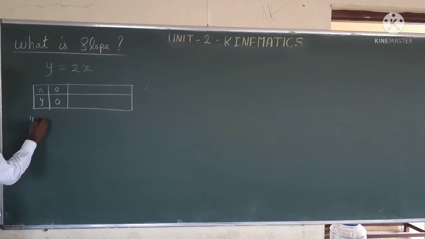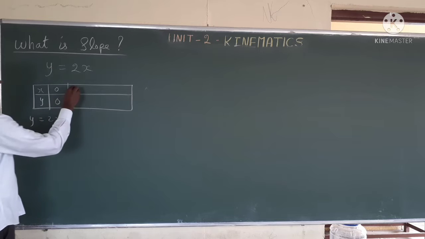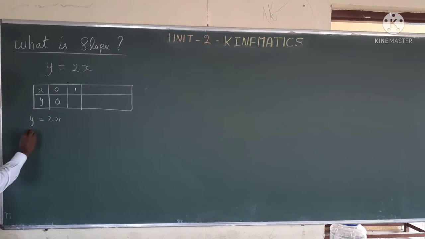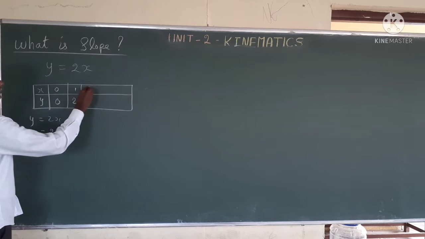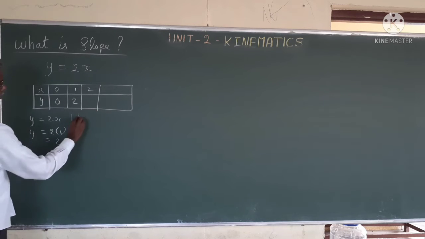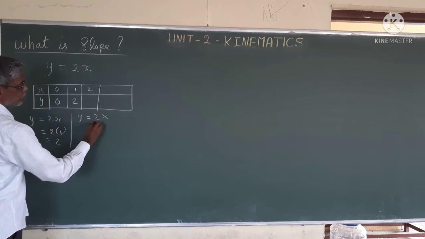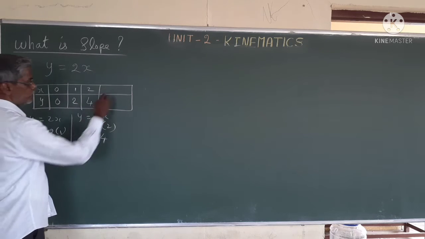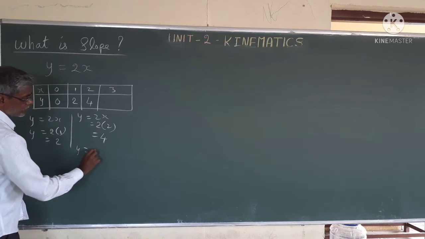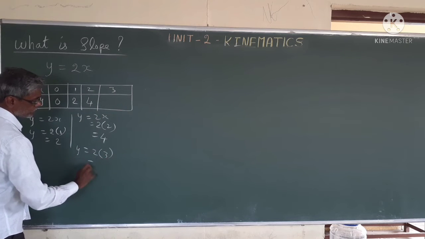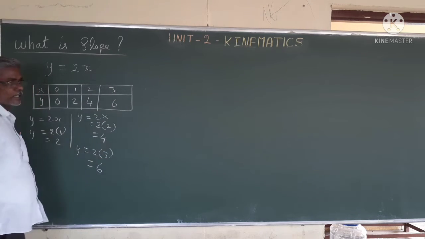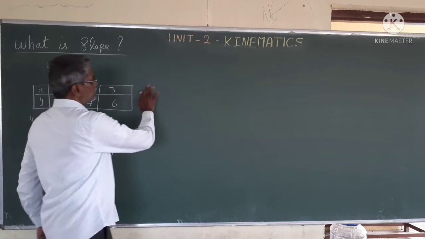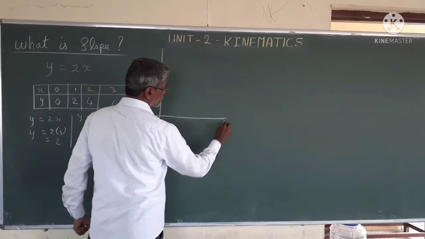y equal to 2x. If x is equal to 0, y will become 0. Suppose x is equal to 1, y will become 2. If x is equal to 2, then y is equal to 4. If x is equal to 3, y is equal to 6. Now you plot the points in the graph.